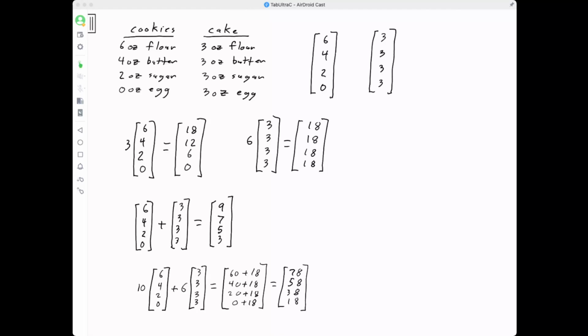So like I can say, well, what if I have A, and I'll just leave that as a variable for now. I want A batches of cookies and B cakes.